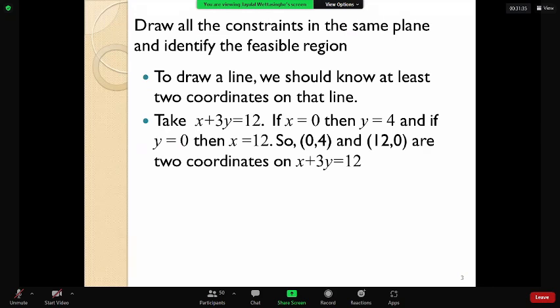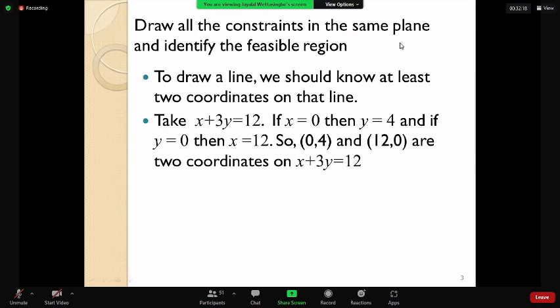If we substitute x equals 0 in this equation, then 3y equals 12, and when we divide by 3, y equals 4. So when x is 0, y is 4, and (0, 4) is one coordinate. You can substitute any value, but the easiest way is to substitute 0 for one variable.